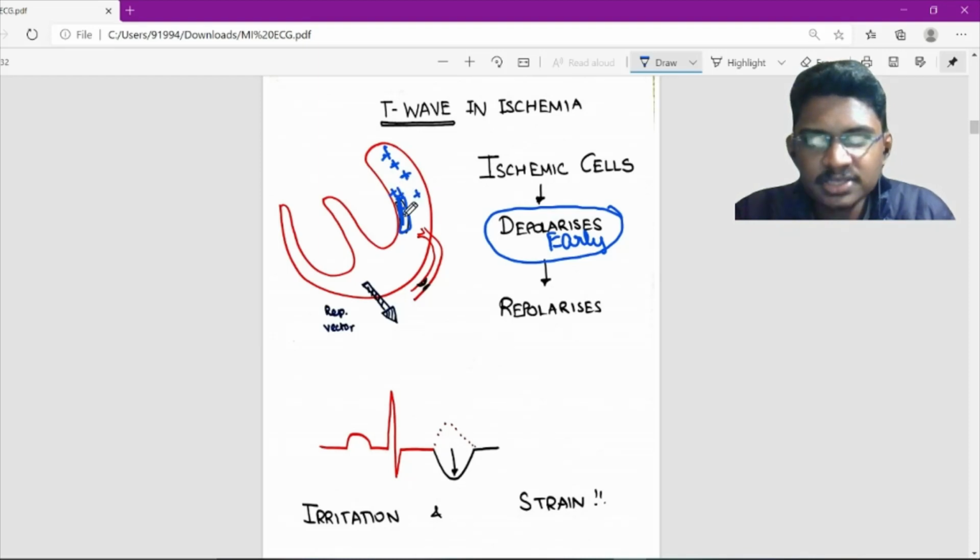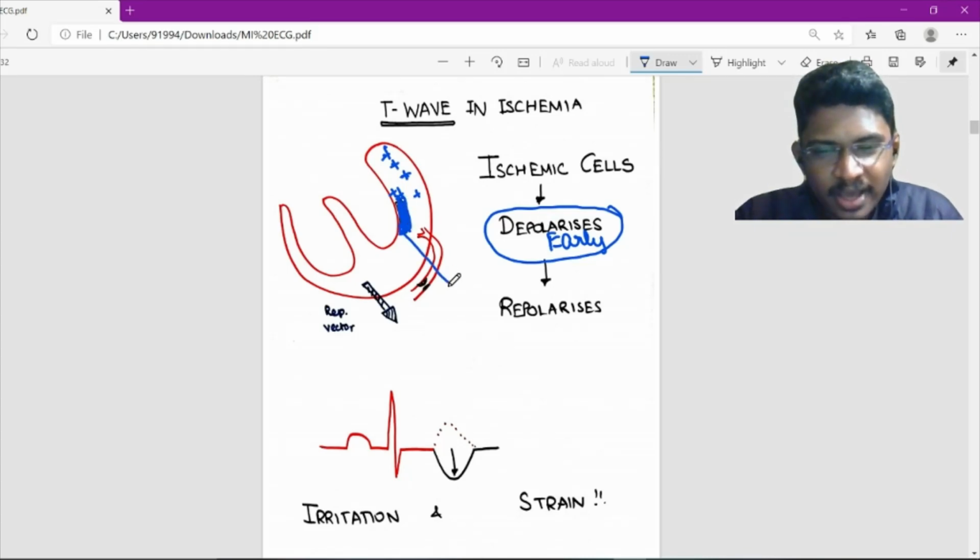So if it depolarizes early, then what will start instantly? Repolarization. So repolarization will start from the subendocardial myocardium to the apex. Normal direction was apex to the base, but now it is going towards the apex.